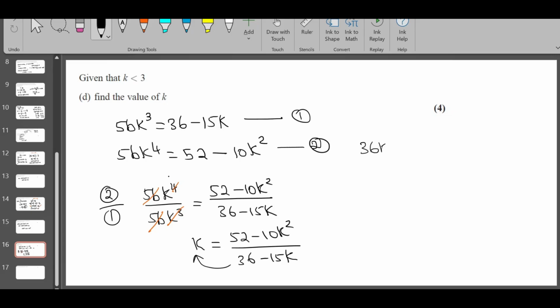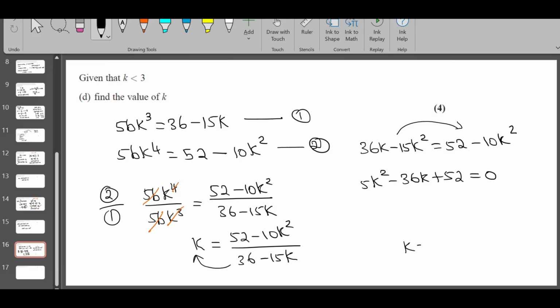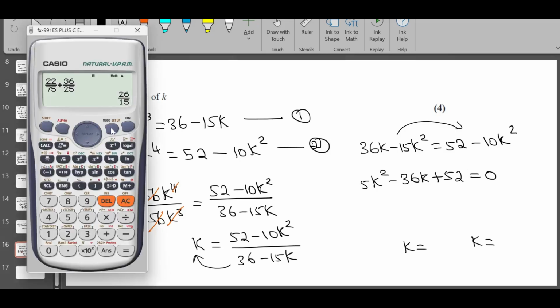So I'll get 36k minus 15k square is 52 minus 10k square. Push all the terms to the other side. You'll get minus 10 plus 15, 5k square minus 36k plus 52 is 0. Solve the quadratic, get the values of k and take the value that is smaller than 3.